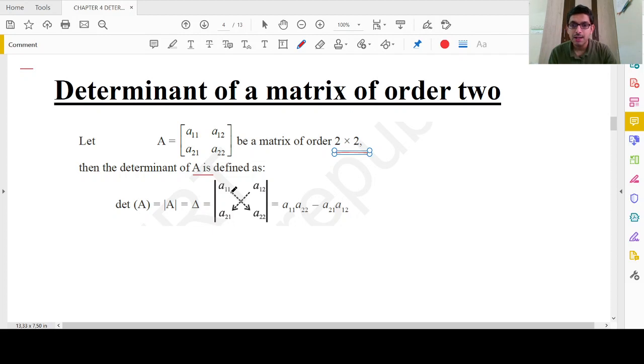That is, first the product of the diagonal elements, a11 into a22, then minus the product of the non-diagonal elements.